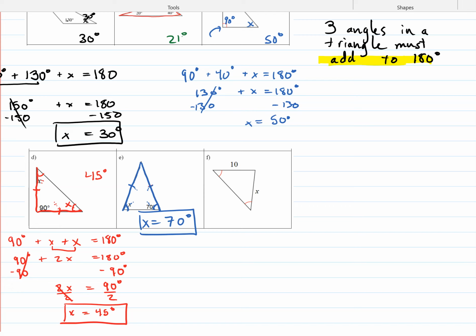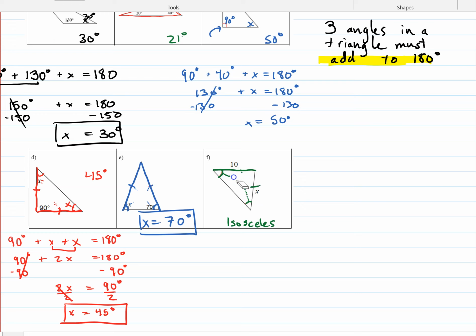Part F. This one is similar to E. This triangle has two equal base angles, so right away we know it is isosceles. If you draw a little line that shoots out from this angle, it hits this side length 10, and same for the other angle, draw a little line that comes out and hits the opposite side.